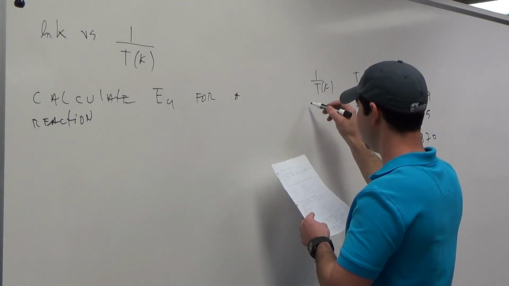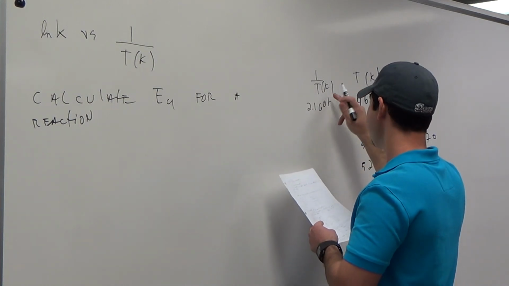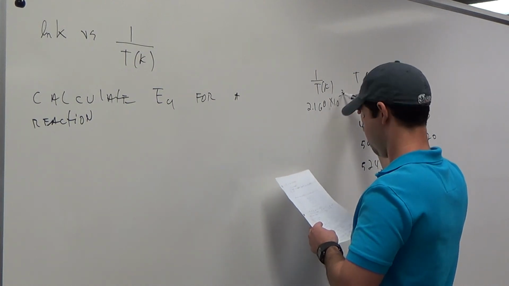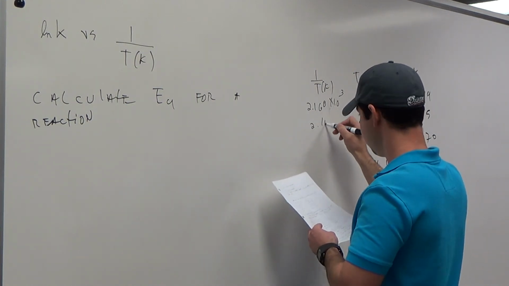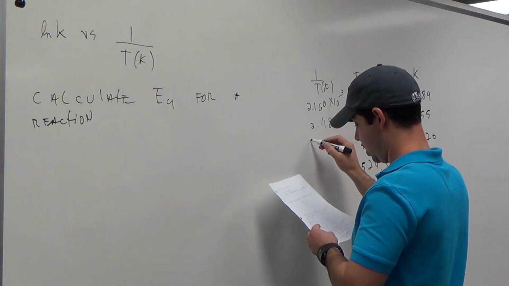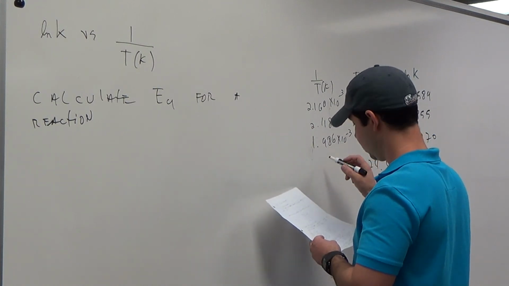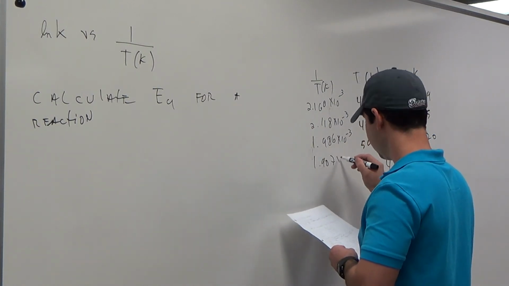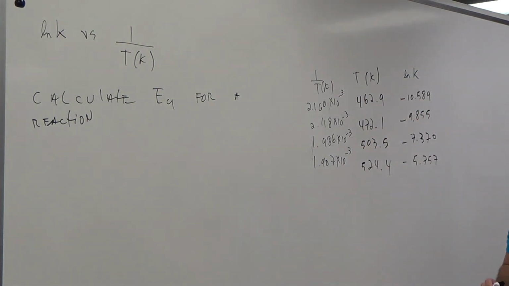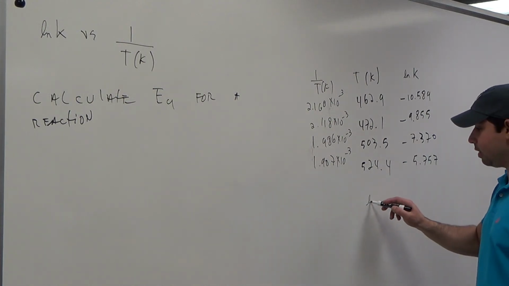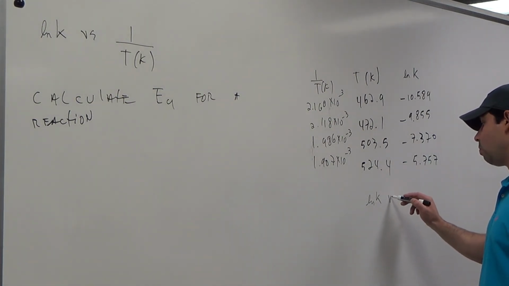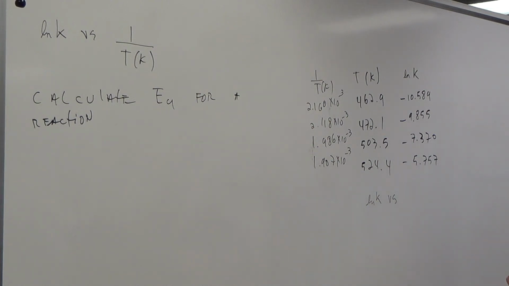So 1 over T is, let's say, this number. And what am I going to plot now? You're still doing ln of K versus 1 over T. ln of K on the y-axis versus 1 over T. This is what I am going to plot in Excel.